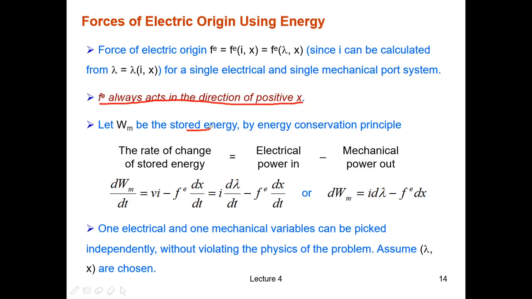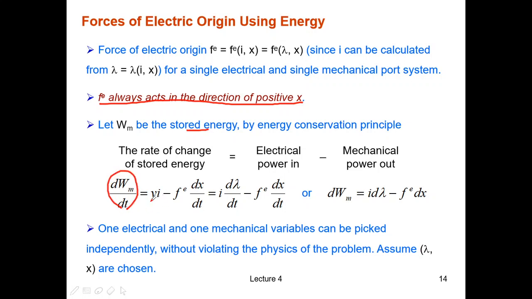Now when you differentiate that equation, you will get the rate of change of stored energy would be the electrical power in minus the mechanical power out, okay. Because we call Wm the stored energy, this is the rate of change.